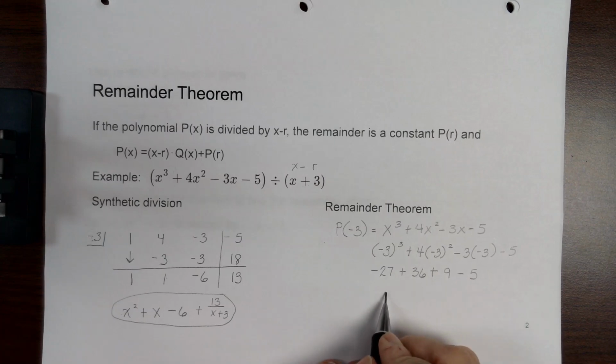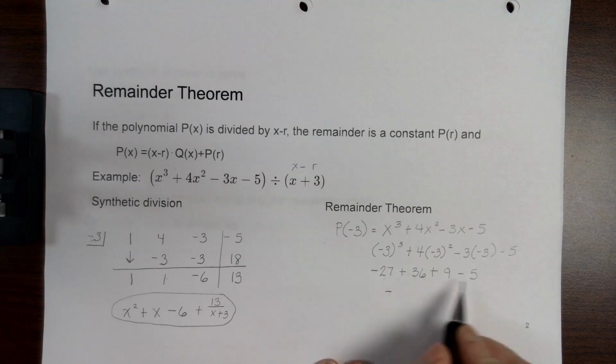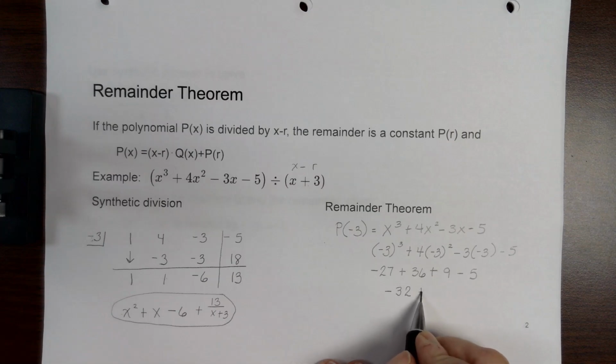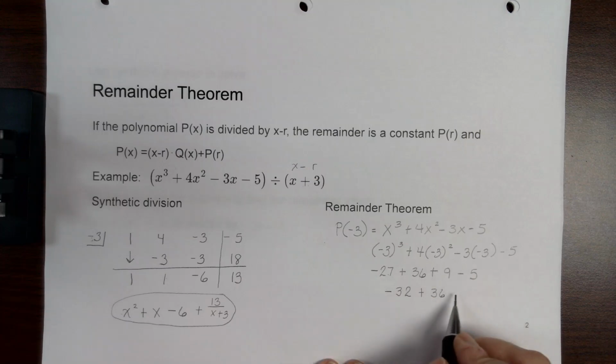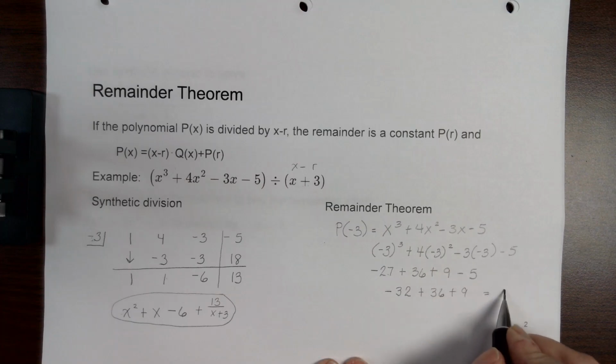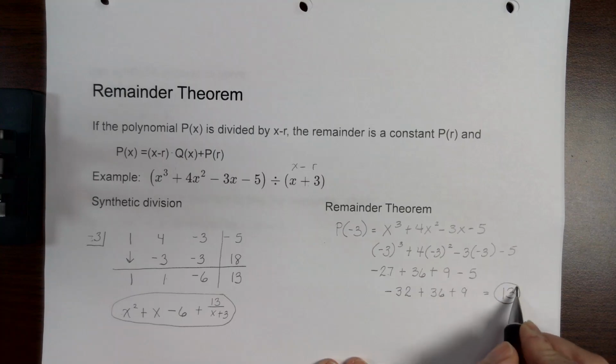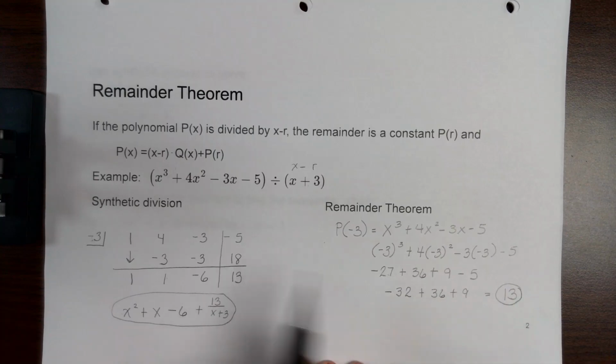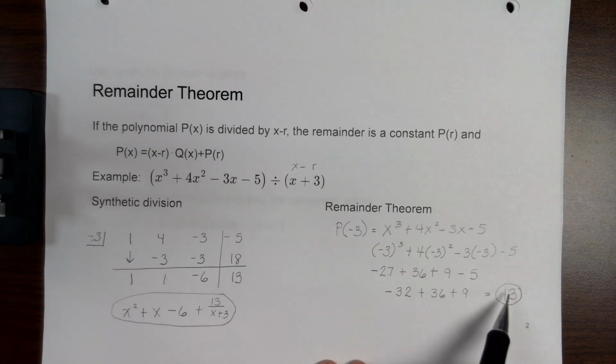So when I combine my negatives, I get -32 plus my 36. That gives me a +4, plus 9, which would give me my 13. The same thing that you get over here when you do the remainder. So it's just two different ways of getting the remainder.